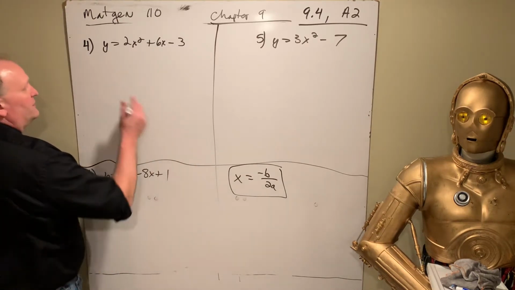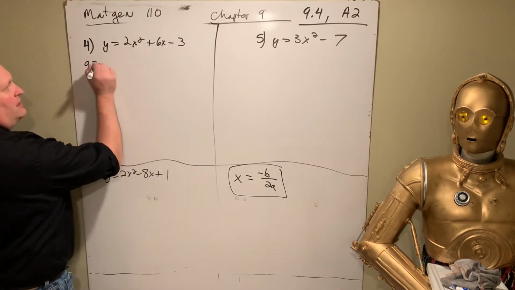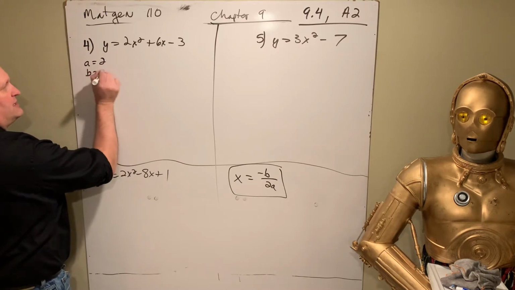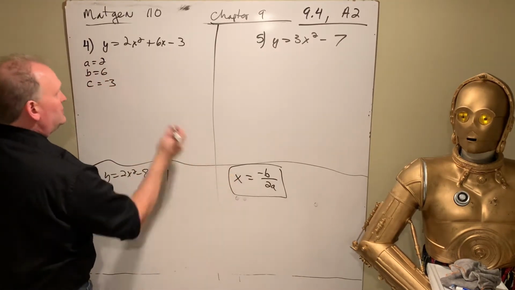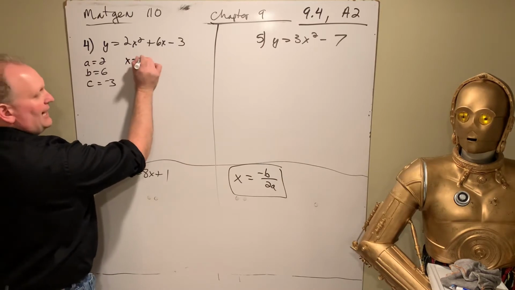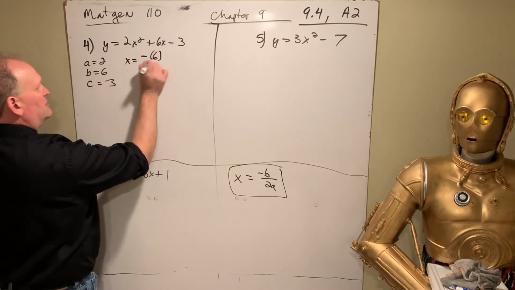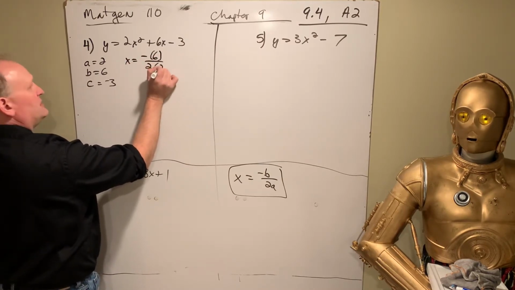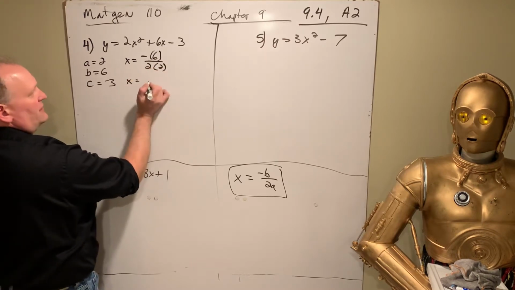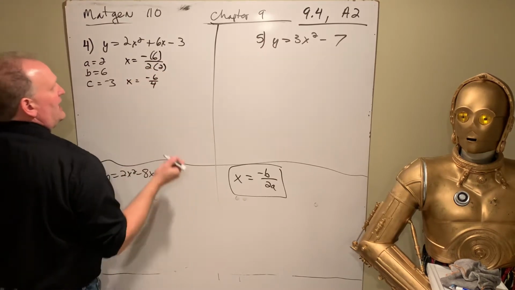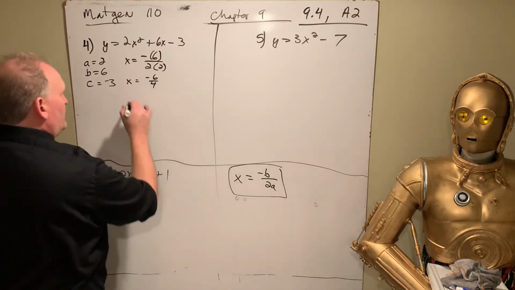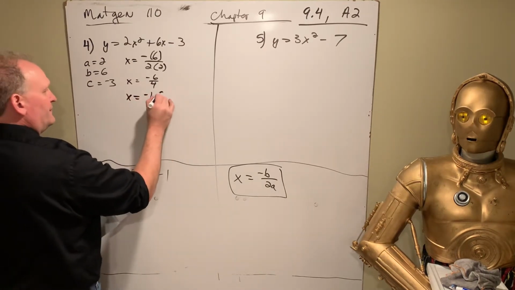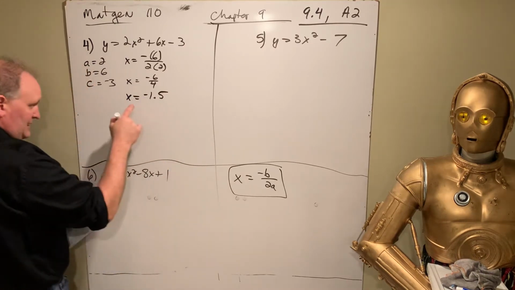So let's do it. Where a is 2, b is 6, and c is -3. And so we're going to do the opposite of 6 over 2 times 2. So this one is -6/4. That's -3/2. That's, let's call it, -1.5. All right, that's the x part of the vertex.